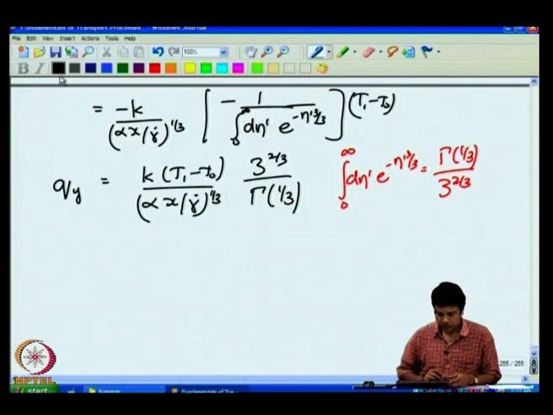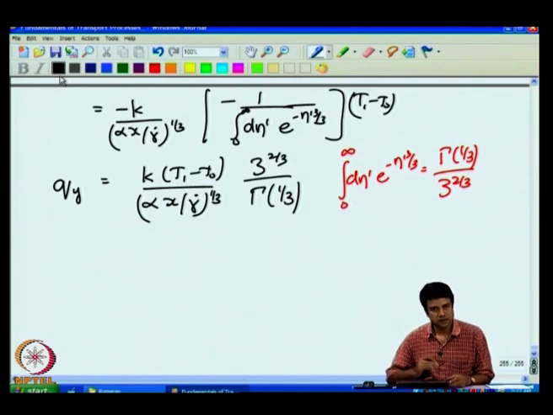So, what is the total heat flux coming out of the surface? This is the total amount of heat coming out per unit length perpendicular to the plane.